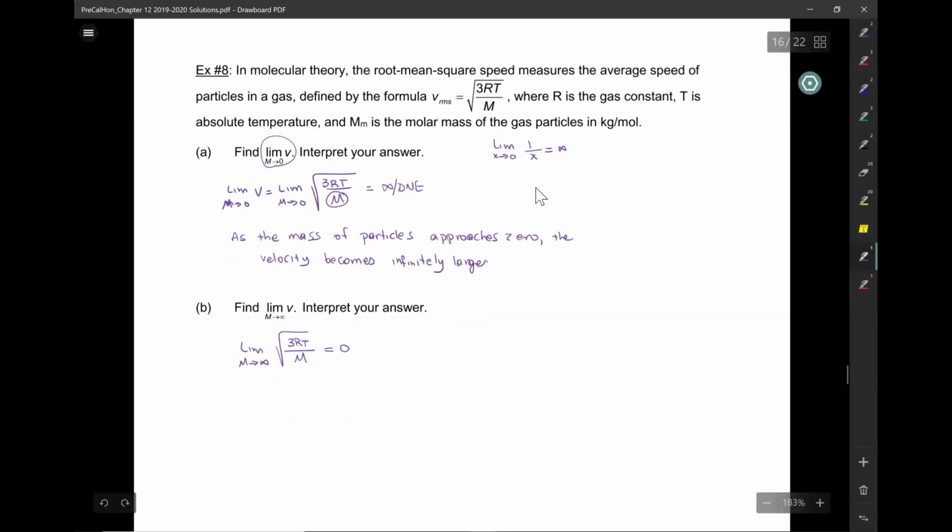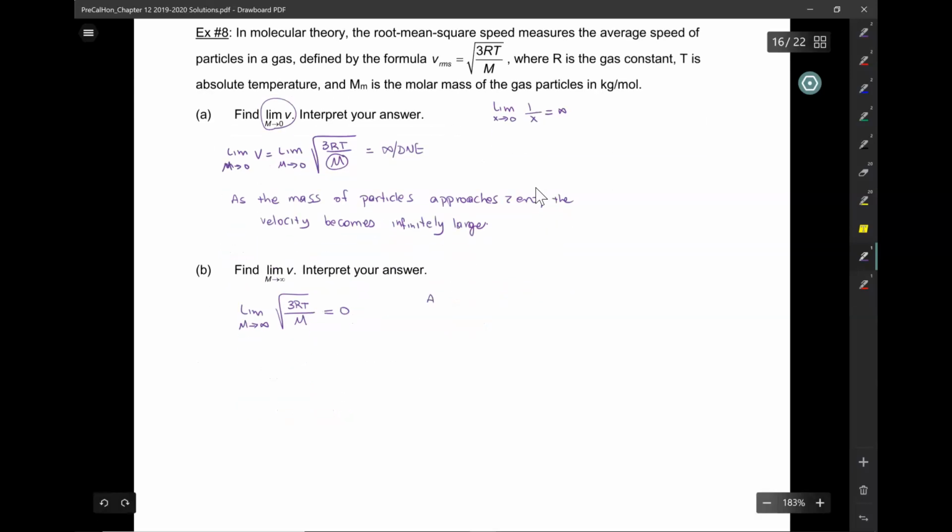What does that mean? As the mass of the particles gets infinitely large, the velocity approaches zero.